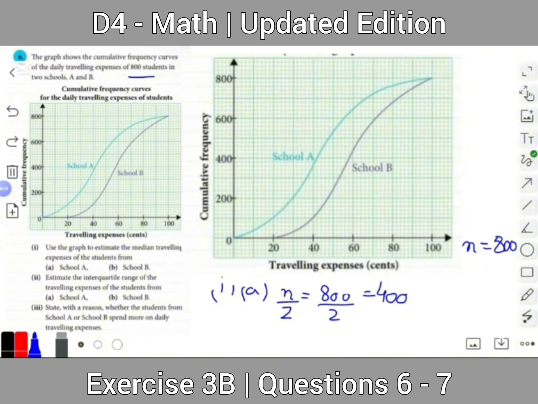Now we will look at data values corresponding to the cumulative frequency of 400. So from 400 along the y-axis, we will draw a horizontal line until it touches the curve.